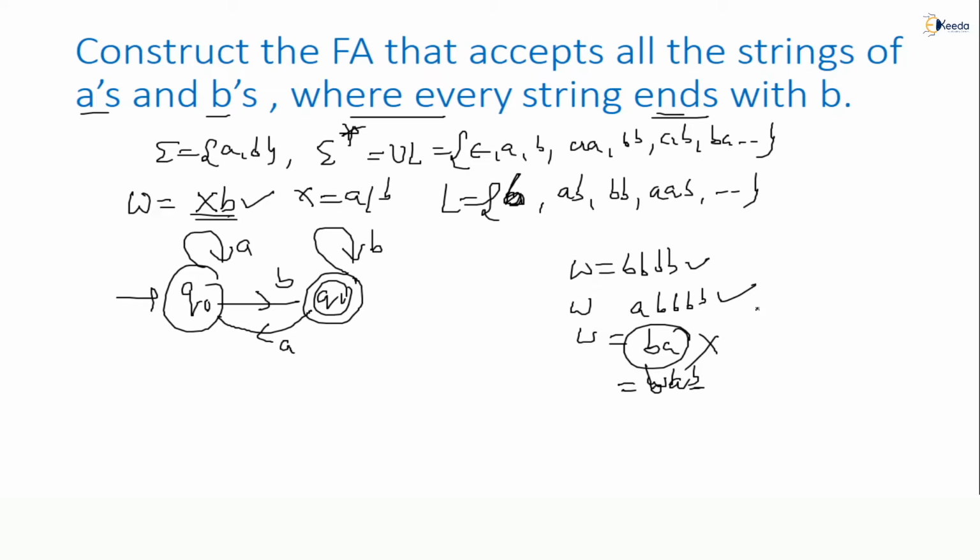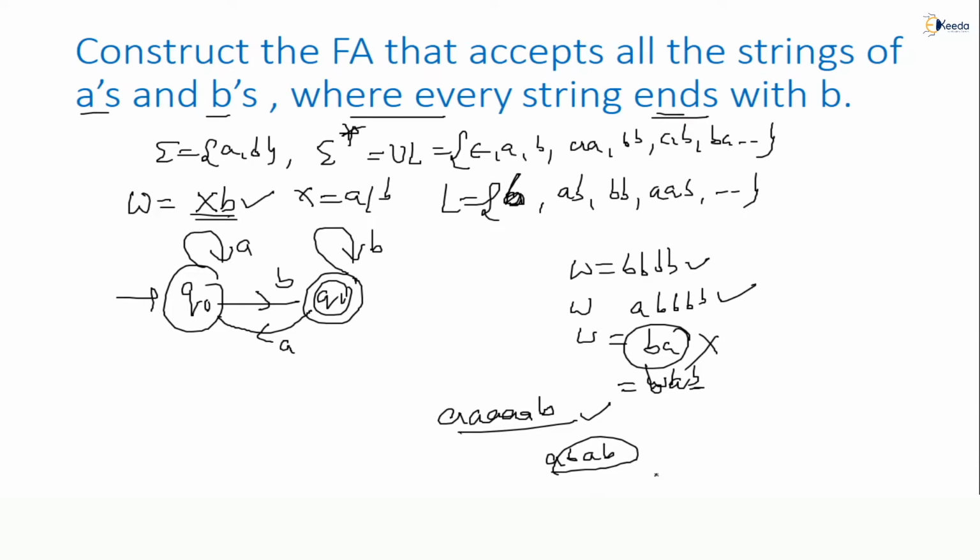Start with any number of A's, they can come or not. For example, if you get A followed by B, it is ending with B or not? Yes. AB should be accepted; you can check whether it will accept or not.